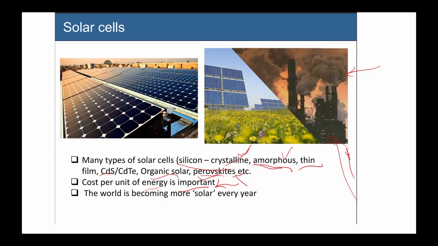If the solar cells are good, then we compare whether the electricity we get from the government board is cheaper or more expensive than what the solar cells provide. The world is becoming more solar every year, and that's why the prices are going down and down. Much more research is going into these topics to reduce the cost of the solar cell and to make it more efficient.